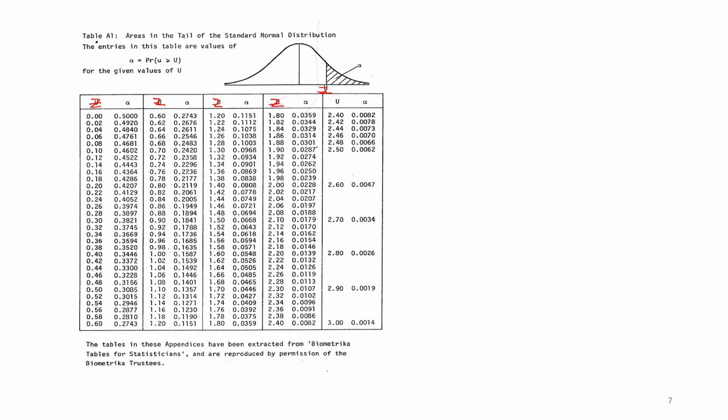This data has been quoted for Z values starting from, you see here, this value is 0. For 0, and the alpha indicates the area beyond that value of Z. So the column here, Z, has different values, and there is a corresponding value of alpha.